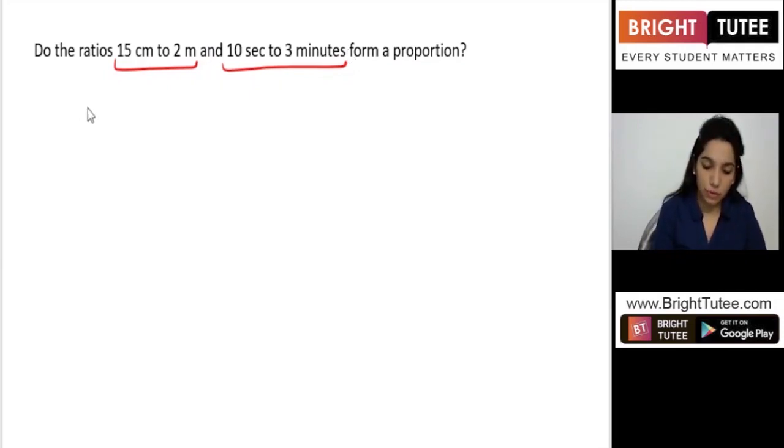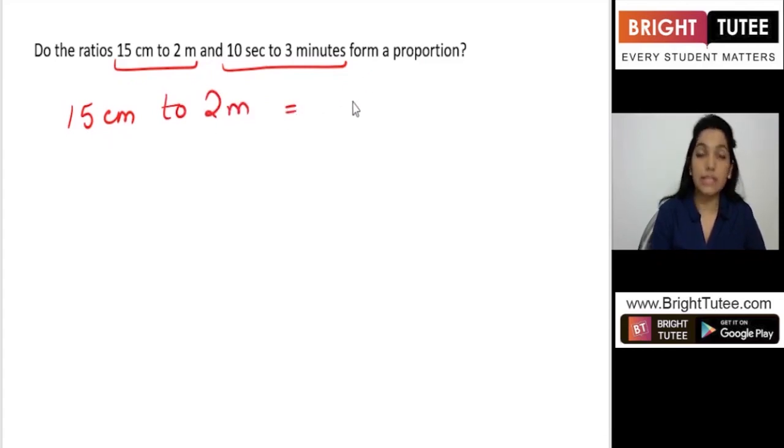So let us find for the first one, 15 centimeter to 2 meters. We are going to convert the meter to centimeter. So it will be 200. Okay. So it is 200 and this is both in centimeters. We can now simplify this.